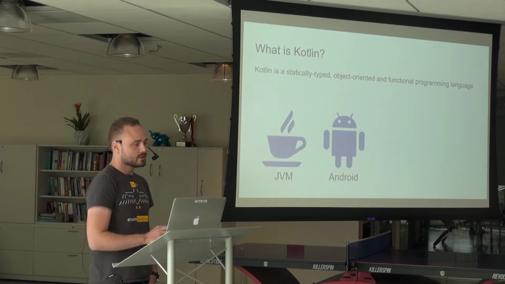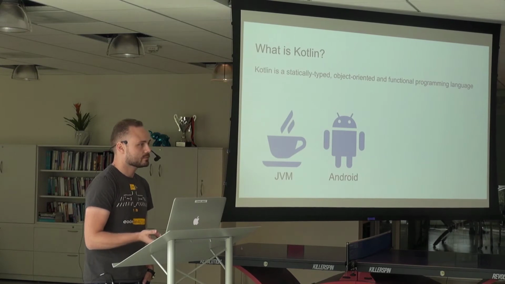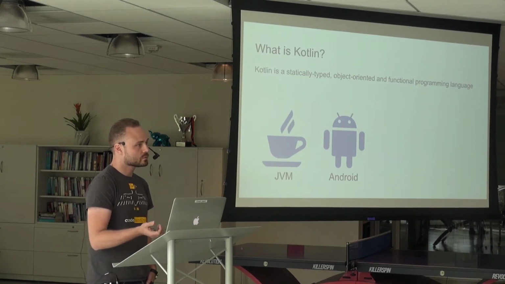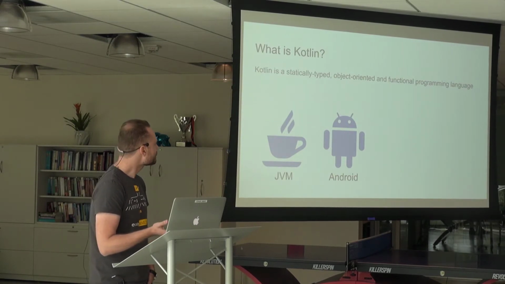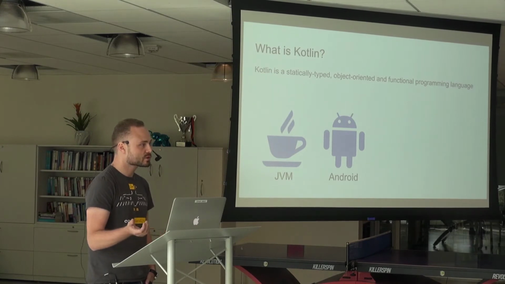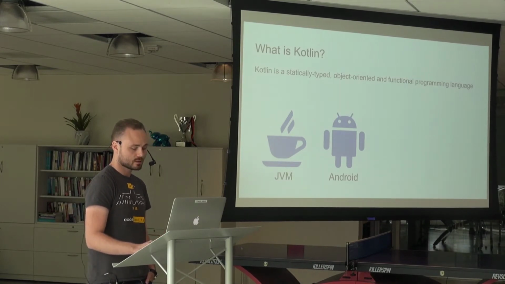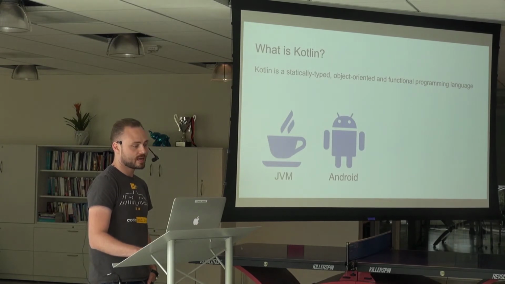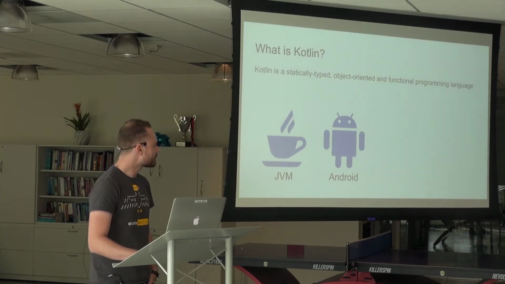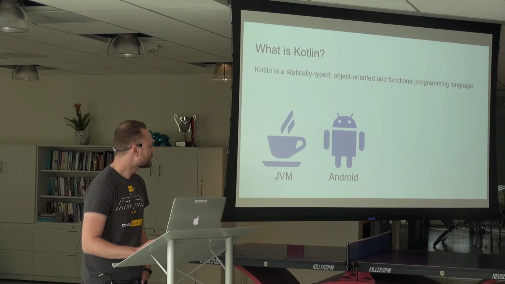It's endorsed by Google as an official language on Android. Google itself didn't create Kotlin, but it works so well that they made an announcement. And a lot of Android development is happening on Kotlin right now. We won't go into this today, but it's interesting to note and important to understand where Kotlin's going.